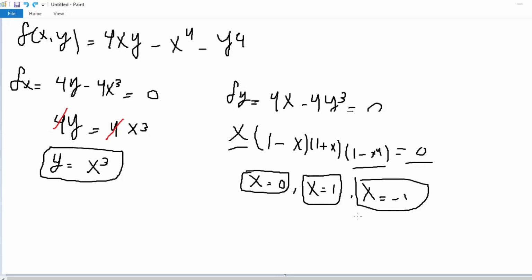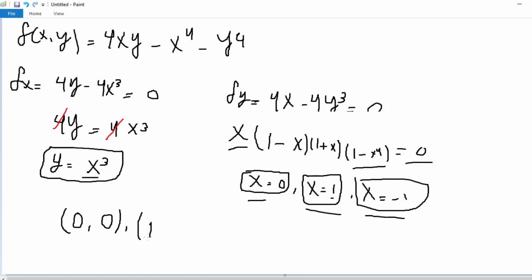So here we found the x critical values, but what about the y? For every y you need to substitute the x here. So to find the first critical point, here we write 0 for the x. What about the y? We insert this 0 here, so 0 to the third is going to be 0. So this is the first critical point. The second critical point here is going to be 1 to the third, which is 1.